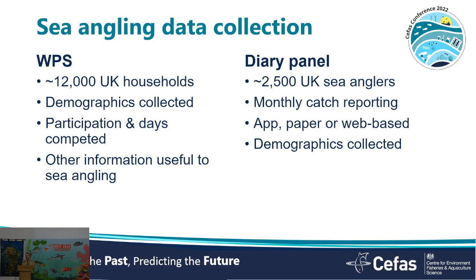And then we also have our Sea Angling Diary program, where we have 2,500 anglers in the UK, and they report their fishing trips and their catches on a monthly basis, or whenever they go fishing, on the app, on a paper logbook, or on our web-based system. We also collect demographics about them as well.